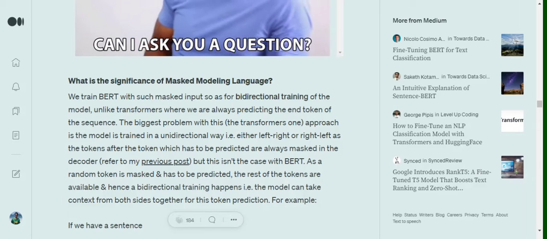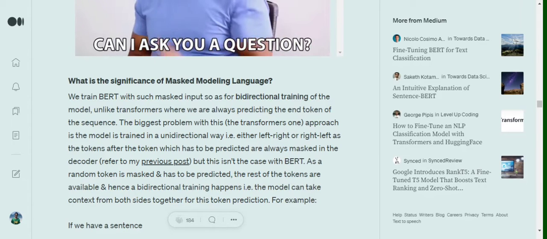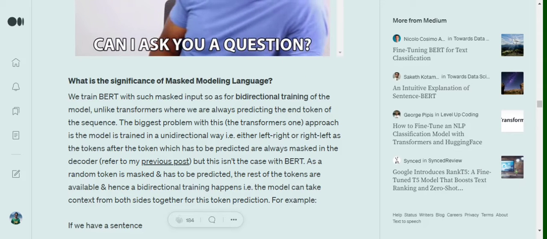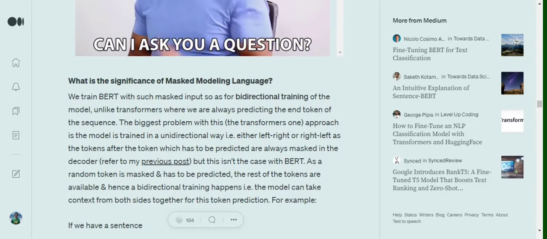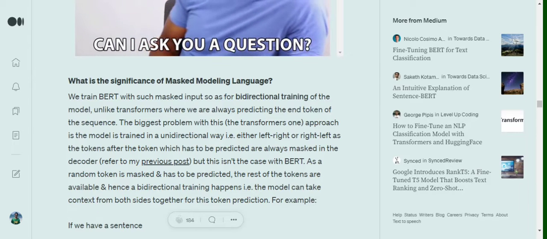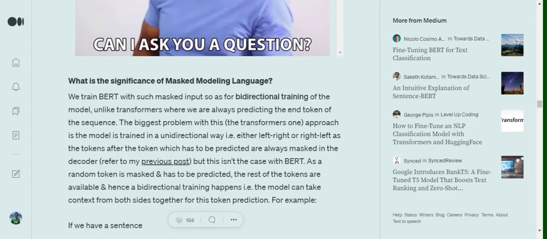If you remember the masked multi-head attention definition that we discussed in my last video, if we are at position 3 in predicting a certain sequence, the model is not able to see the fourth, fifth, sixth, seventh tokens that are present in the future. But in case of BERT, as you know, we are masking out random tokens. So the model is provided this information from the future tokens as well: what are the tokens present ahead of it, and what are the tokens present behind it, and this helps us in bidirectional training of the model.